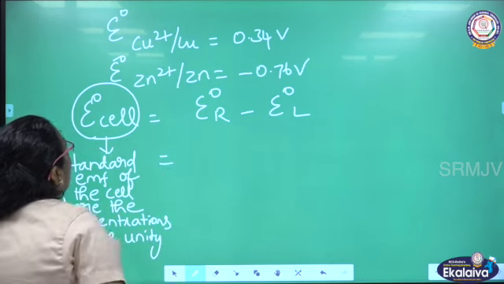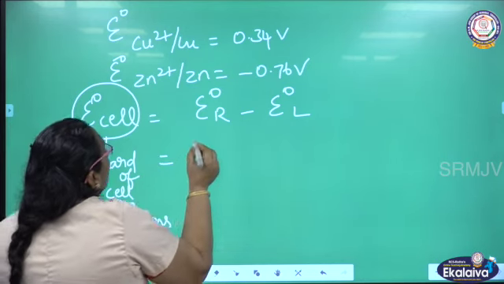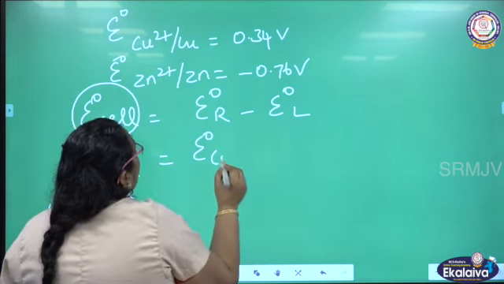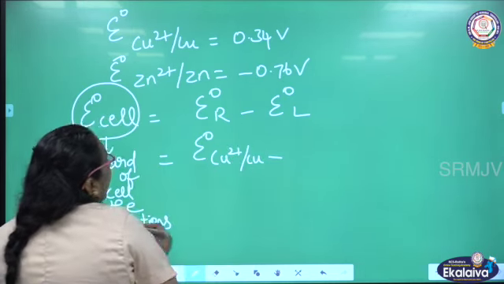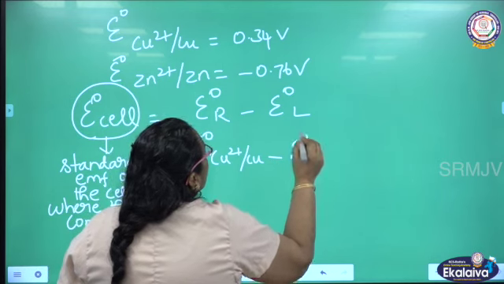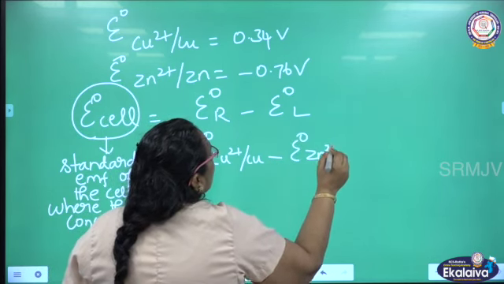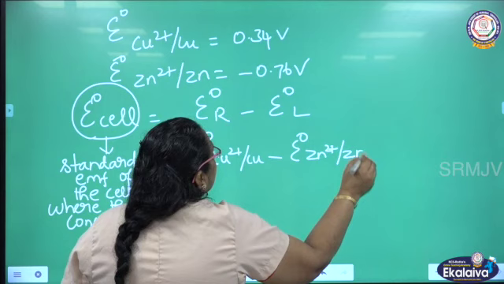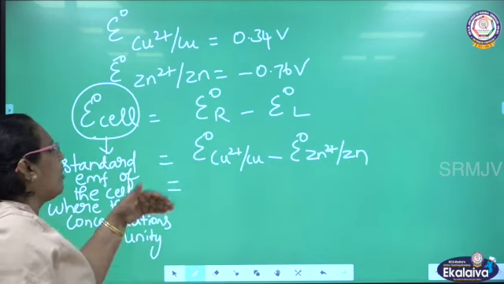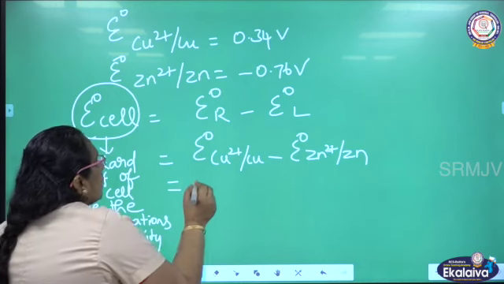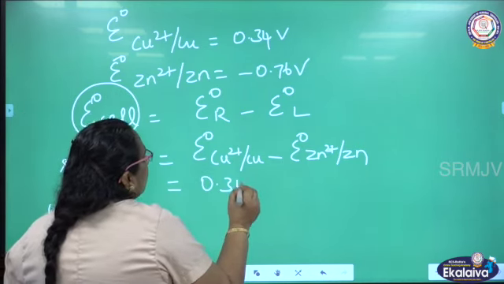What is E naught R? E naught Cu2+|Cu minus, what is there in the left hand side? E naught Zn2+|Zn. Substitute the values. What is the standard reduction potential of copper? It is 0.34 volts.